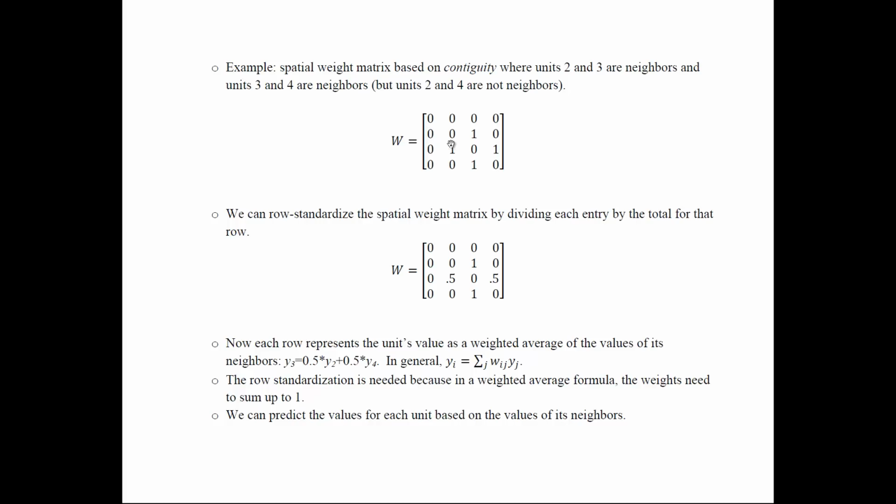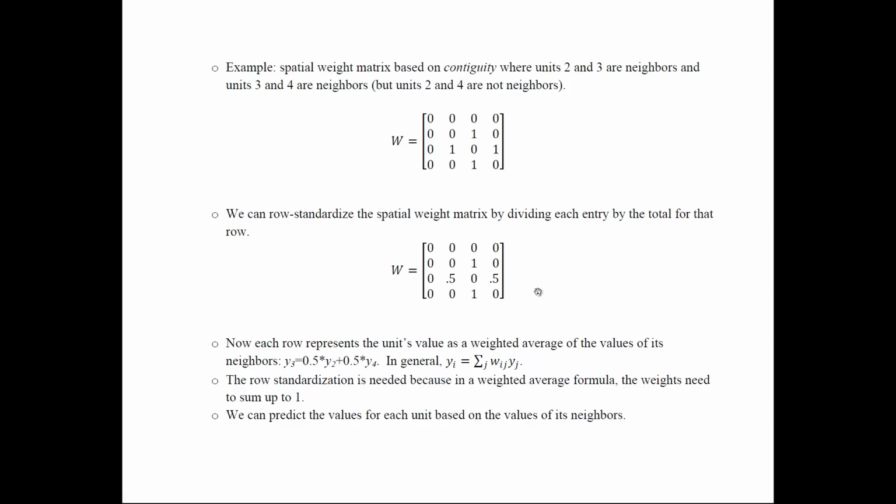Therefore, we would divide that 1 by 2, which would get 0.5, and we would divide this 1 by 2, which would get us 0.5. The total for row number 4 is 1, and therefore we just divide the 1 by 1, which is a 1. So now what we've done with this matrix is row standardize it, so that each of the rows now sums up to 1.